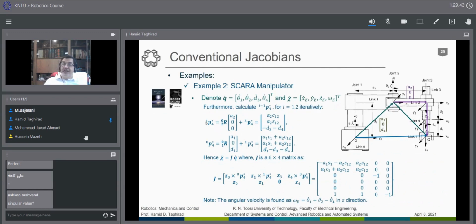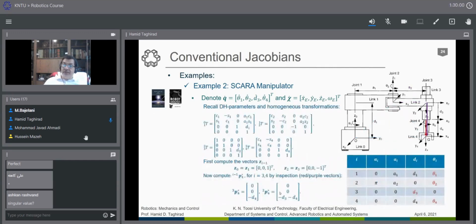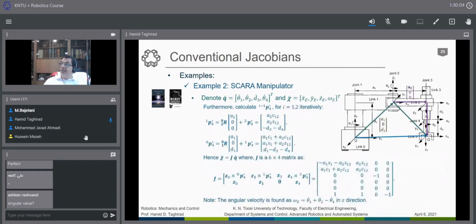What I did is I just used that iterative method that I showed you, but physically, to give you the frame. I said, okay, I have P4 with respect to 2. This purple one has been found here. We should add this vector to it, but considering that this vector should be all represented in the 0 frame.